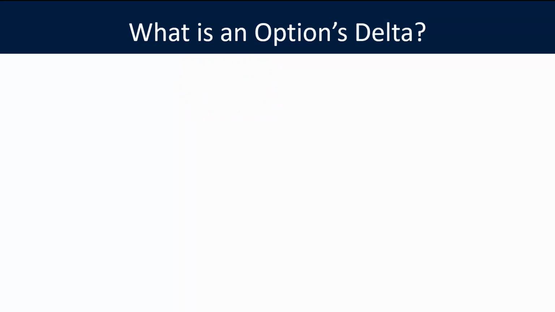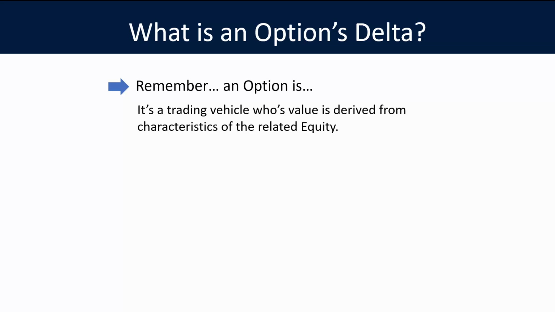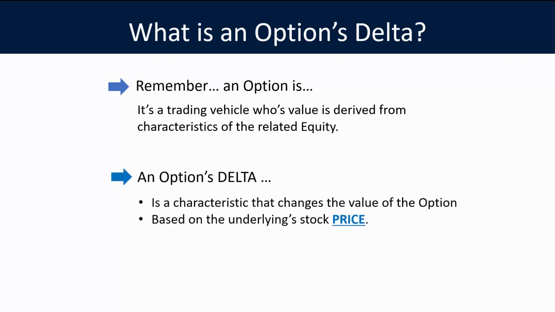So let's start out with an option's delta. Remember, an option is a trading vehicle whose value is derived from a characteristic or a Greek related to the equity. An option's delta is the characteristic that changes the value of the option based on how the underlying stock price moves.